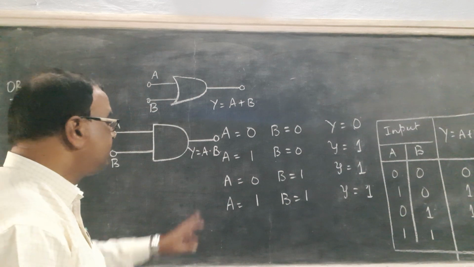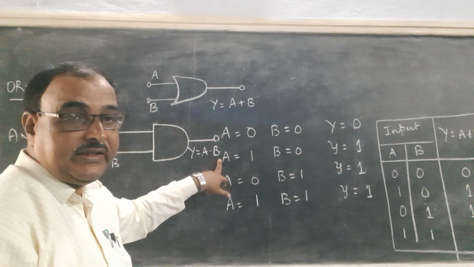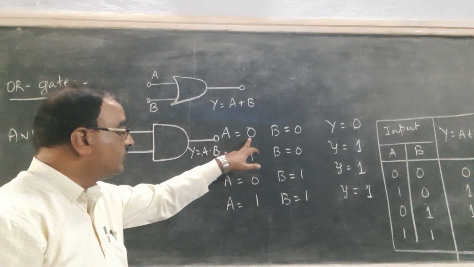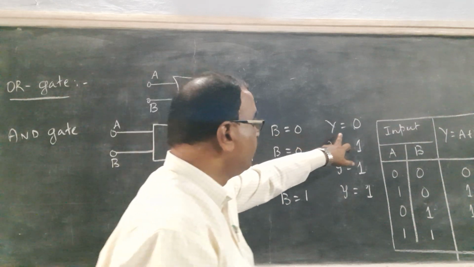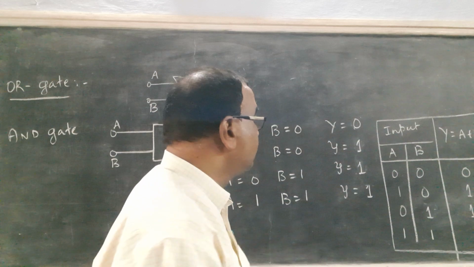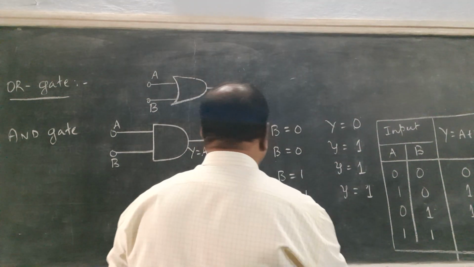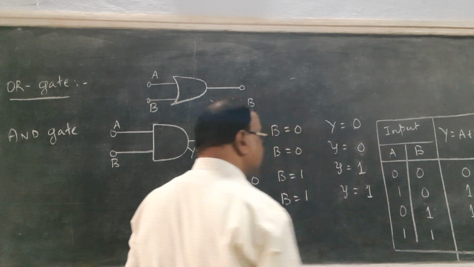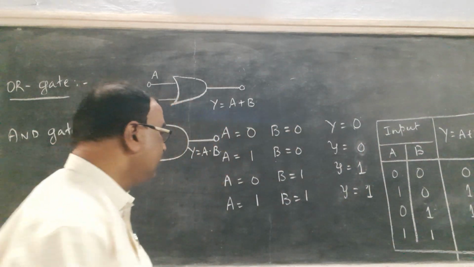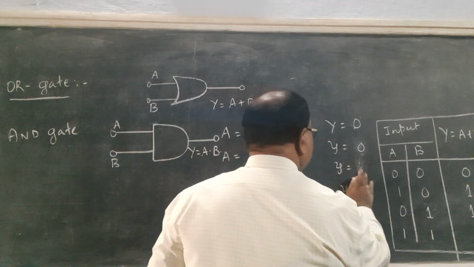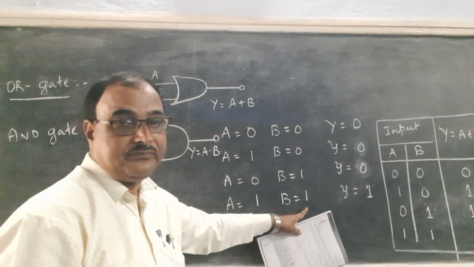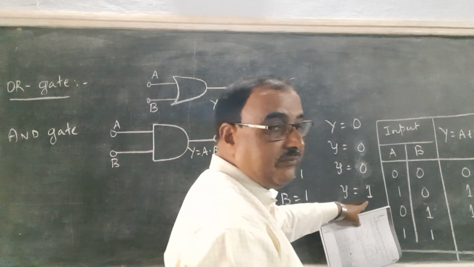So suppose there are two inputs, in such case what will be the output? When A is equal to 0, B is equal to 0, output Y is equal to 0, and when A is 1, B is 0, output is 0. Similarly, when A is 0, B is 1, again it is 0, and when both are 1, the output is 1, right?